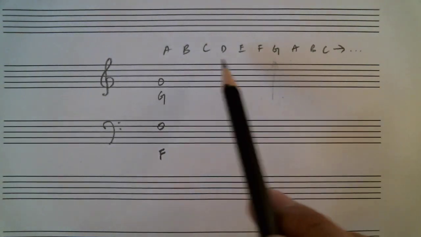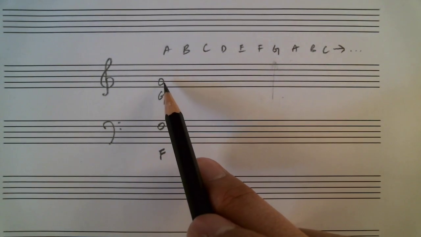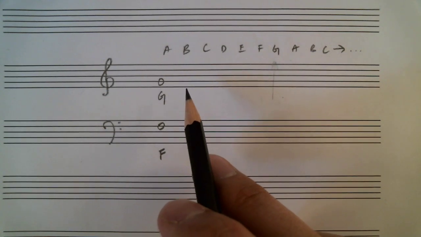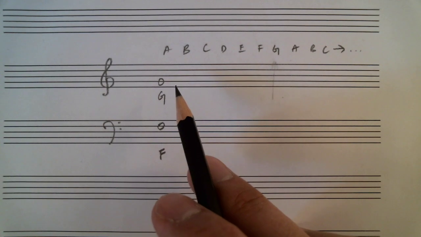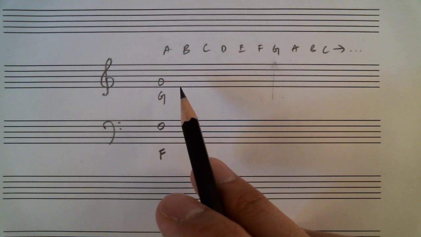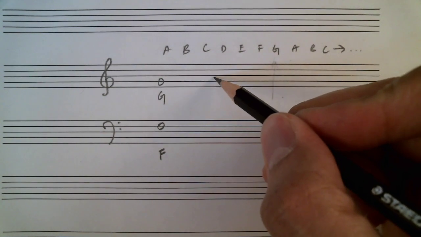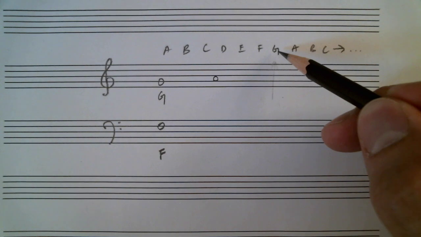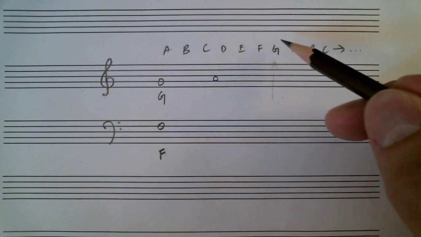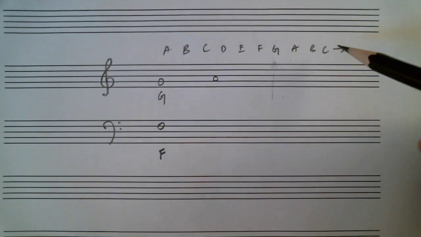That's also important because, since we know that this note is G, all we have to do is count up or down the staff to get the other names of the notes using the musical alphabet. For example, if this is G, a note above it in the second space will be one above G, which is A. I'm saying above going to the right and below going to the left, because this is lower and this is higher.